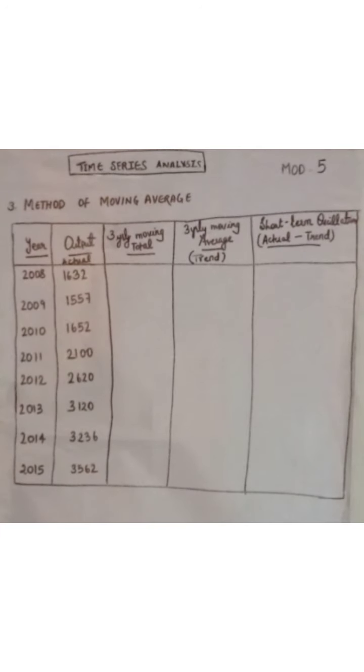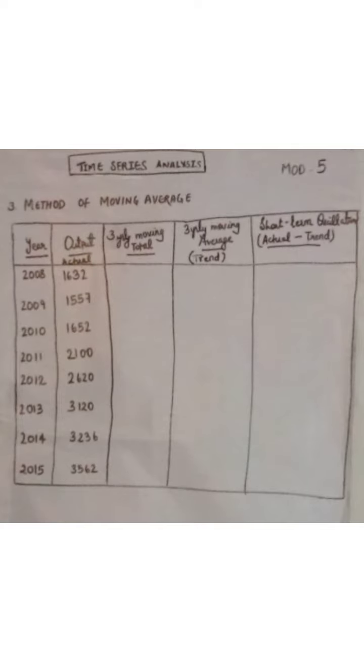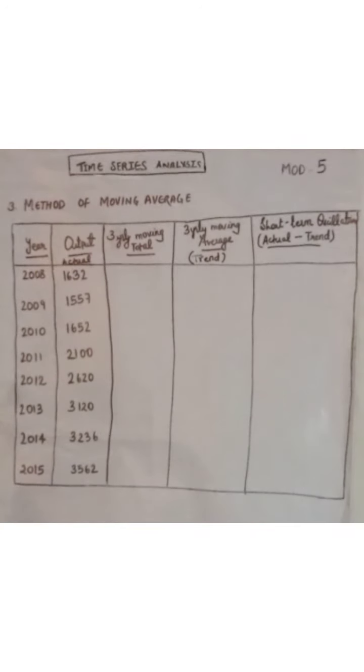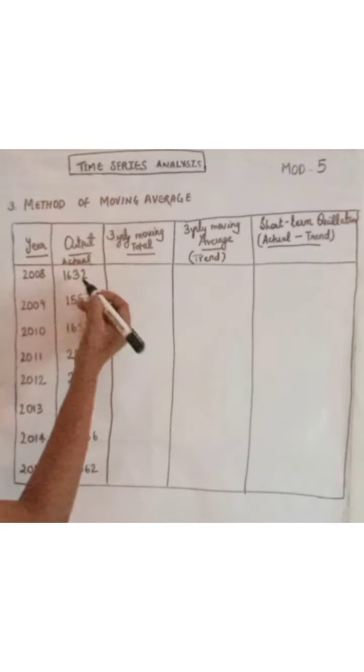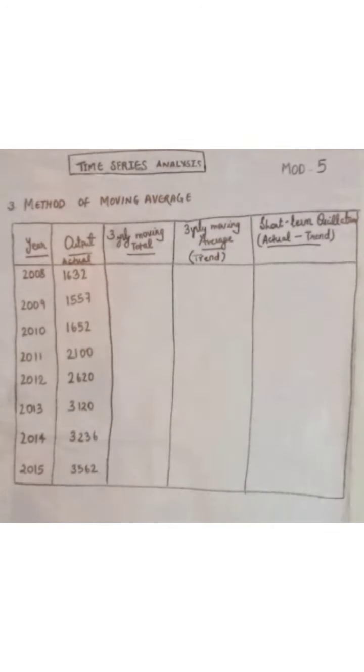So let's begin. For the method of moving average, we are supposed to find the 3 yearly moving total. 3 yearly means we have to combine 3 years and find their total. We have continuous data. The 2018 actual output is 1632, then 1557 and 1652.